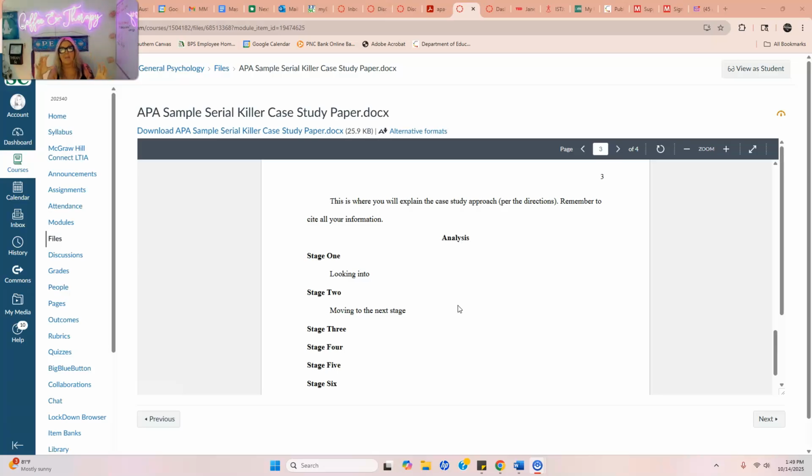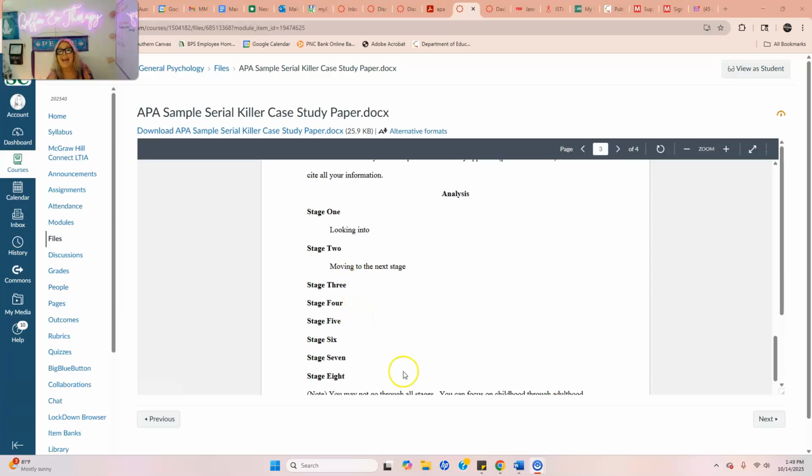If you just skim that, you'll see how she cites. Again, it's not about a serial killer. It's something completely different. I'm only giving you that as a reference as to what a good APA paper should look like. Then moving to the next stage, and so on.